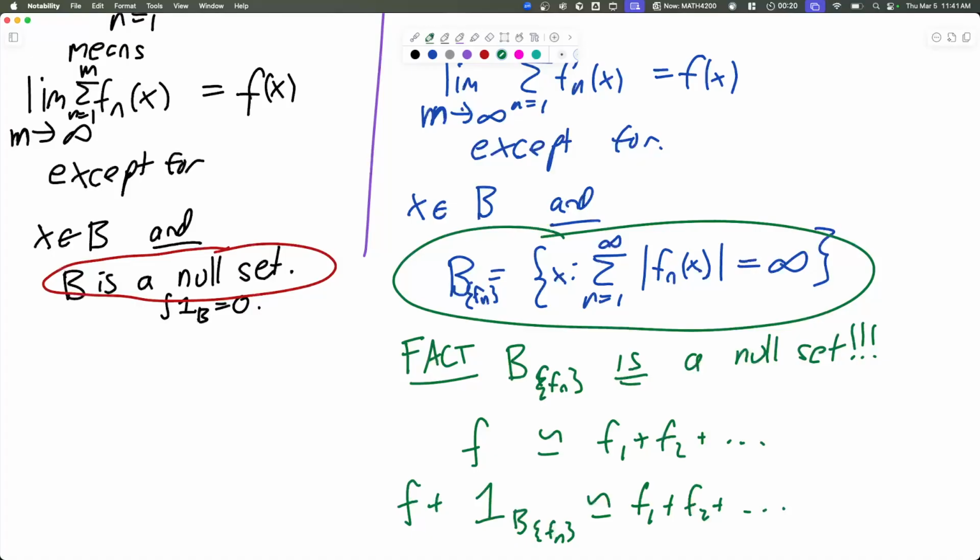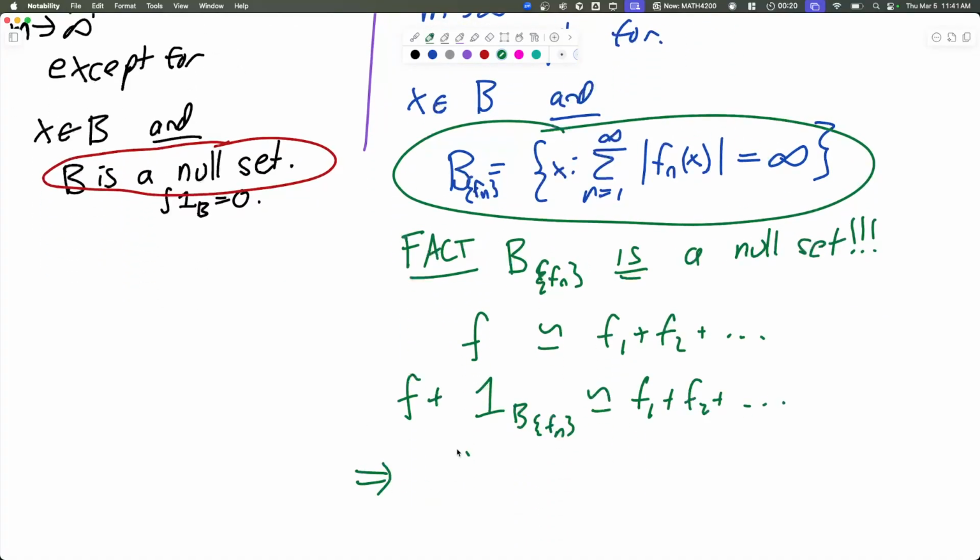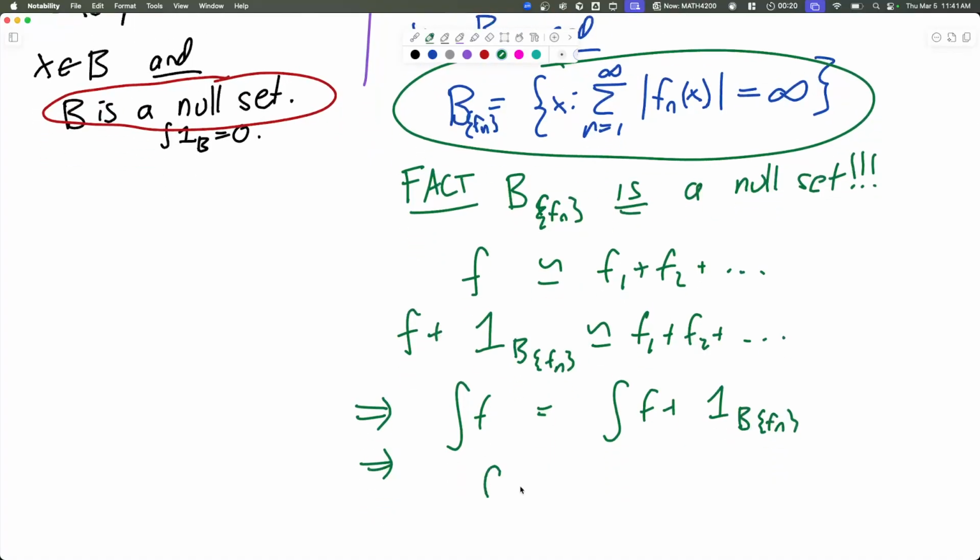That's our weasel set. We don't look at that set. So this thing and this thing are both sim equals the same sequence, and therefore they must have the same integral. Therefore, the integral of f equals the integral of f plus the indicator of this bad set, and therefore the indicator of this bad set must have integral 0. So that was the proof.